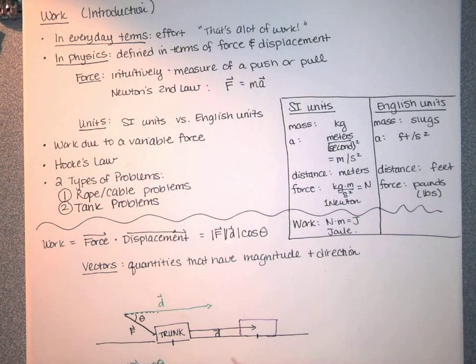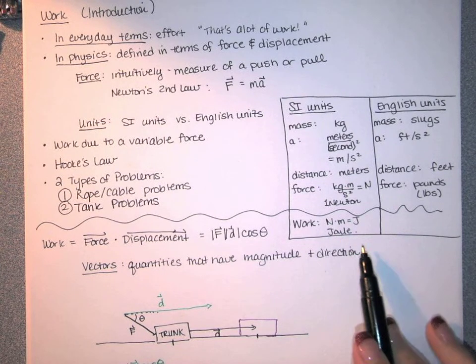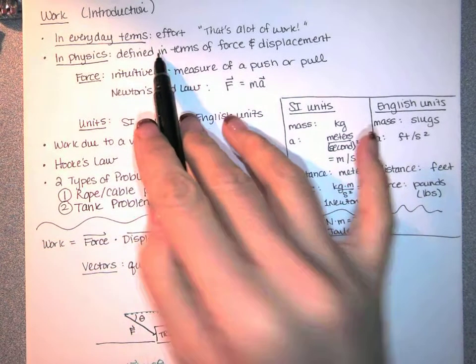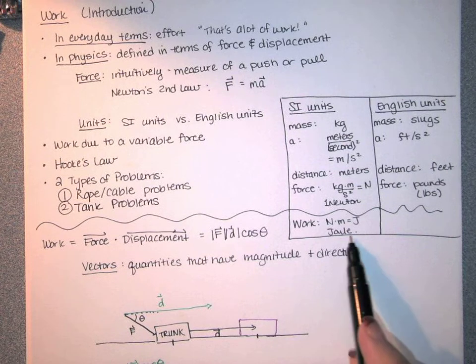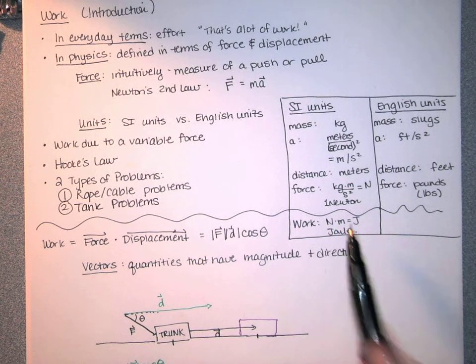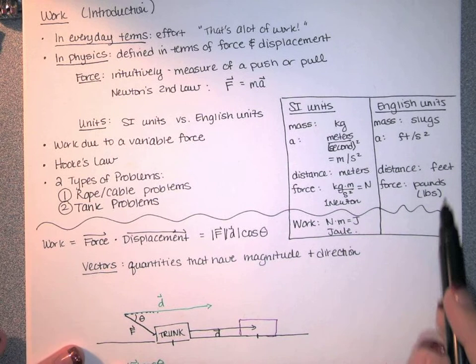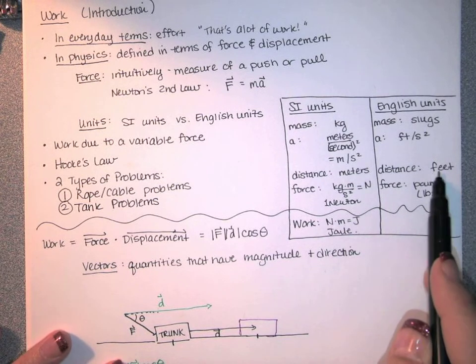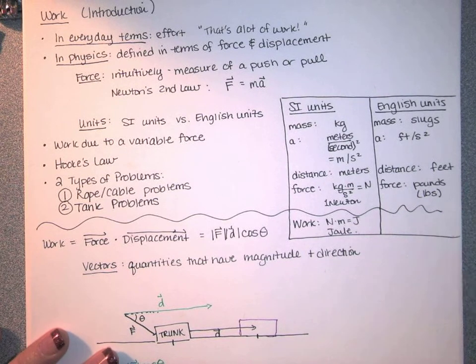We think of something being a lot of work if it requires a lot of effort. I think just following that train of thought, if something requires a lot of energy, we would think it also requires a lot of effort and it feels like a lot of work. So joules are measures of energy. They're also forces times distances. In English units, our distances are in feet and forces are in pounds.